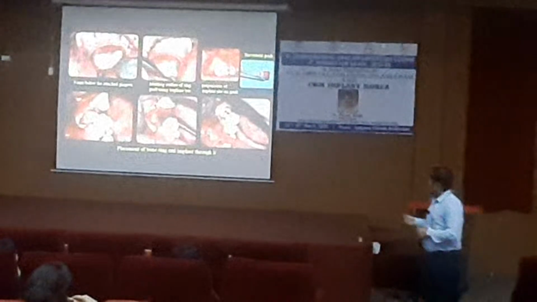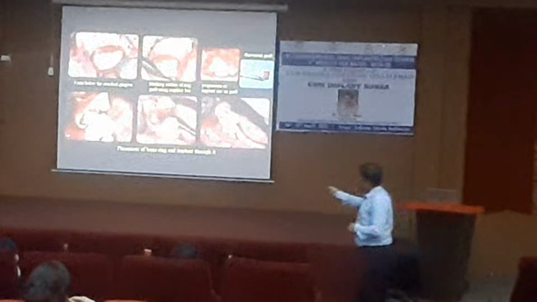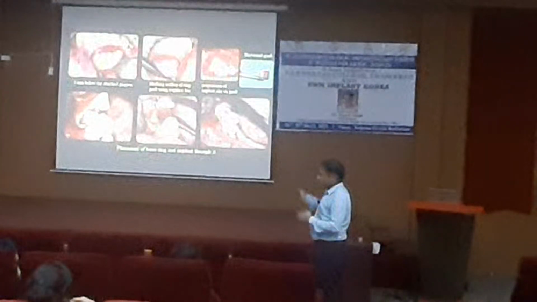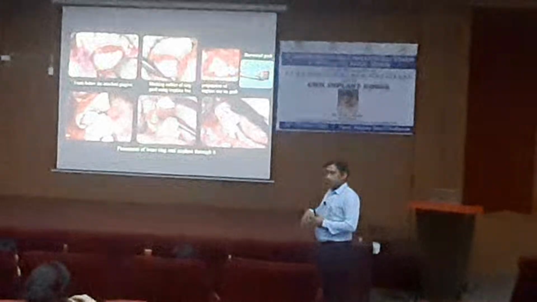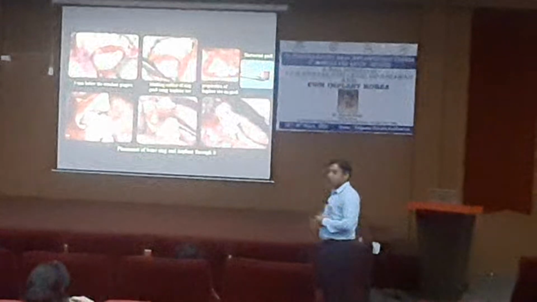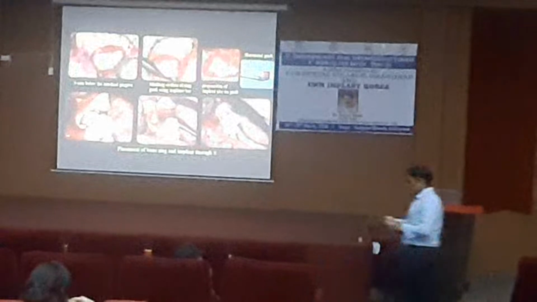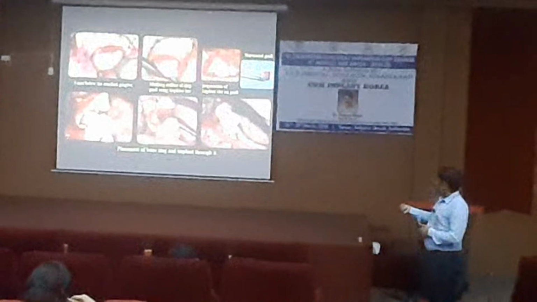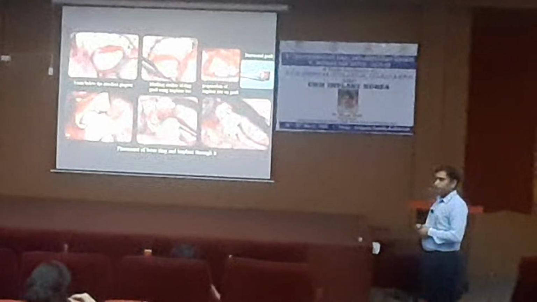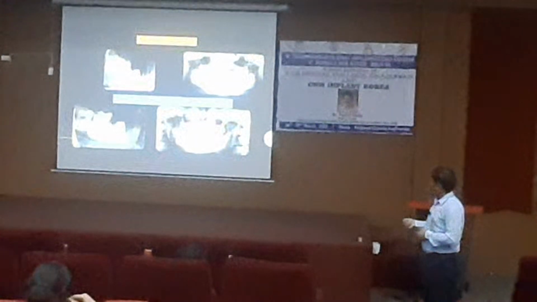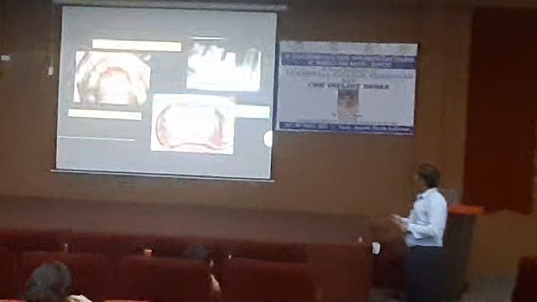Okay, then you place this graft material into the socket. Once it is stabilized, fit it into the socket, stabilize it, and then you place an implant. Okay, if you see the last diagram, this is the placement of the ring and the implant. This is the implant placement. If you see, there is a good amount of bone formation around the implant.